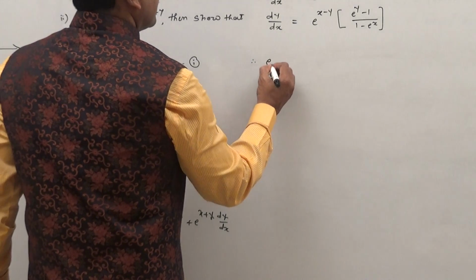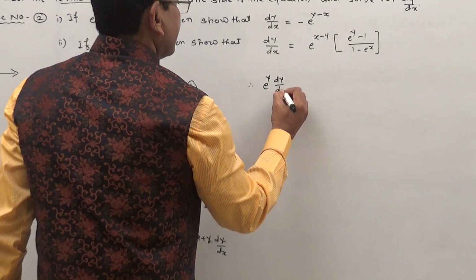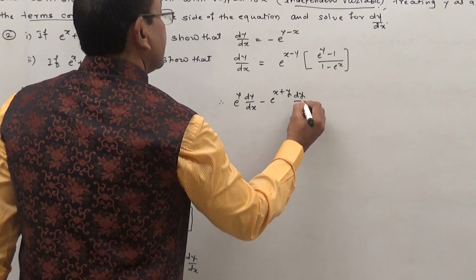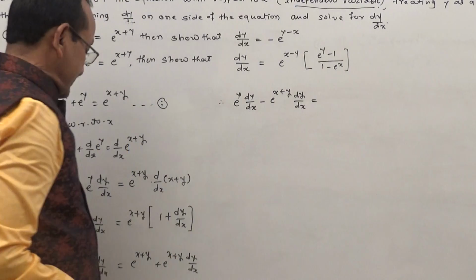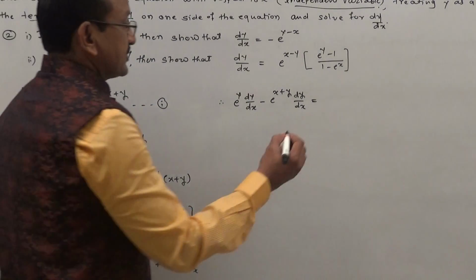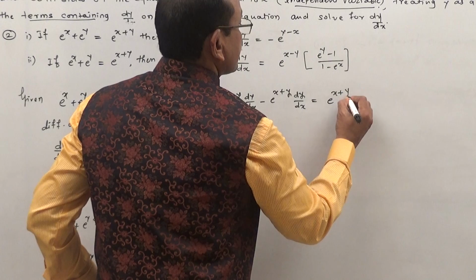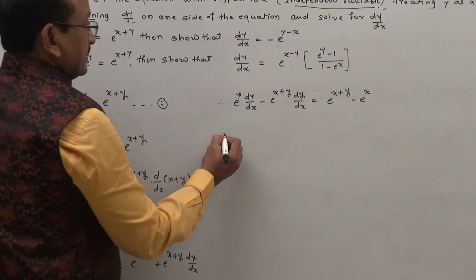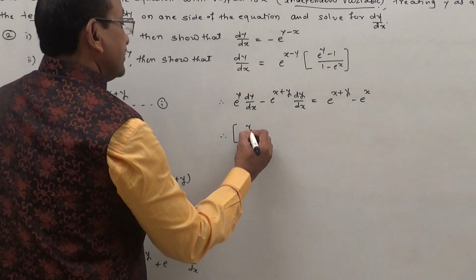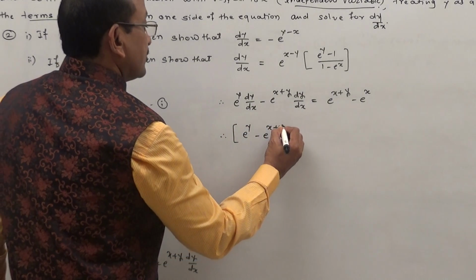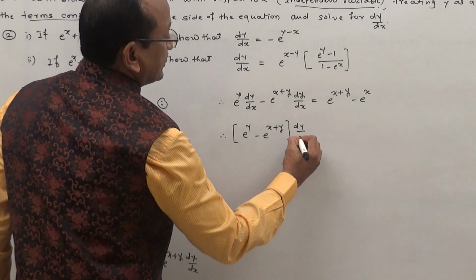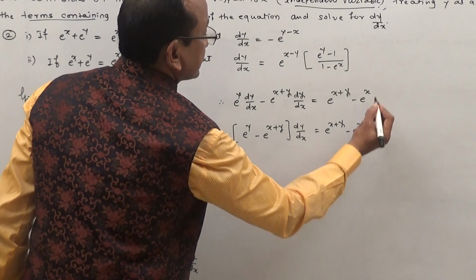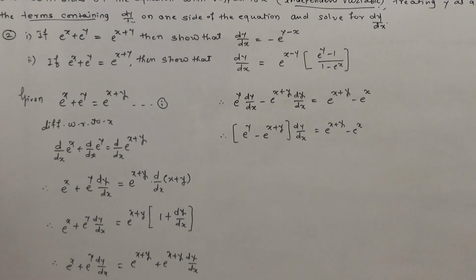So therefore e raised to power y dy by dx minus e raised to power x plus y dy by dx is equal to e raised to power x plus y minus e raised to power x.